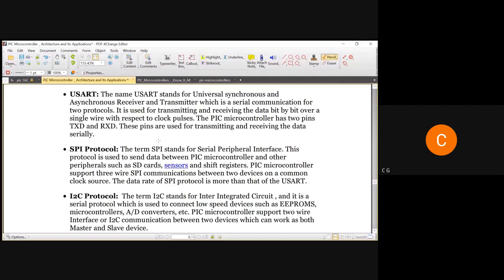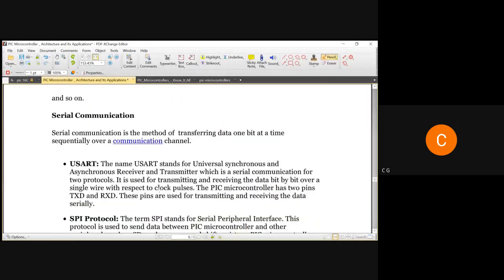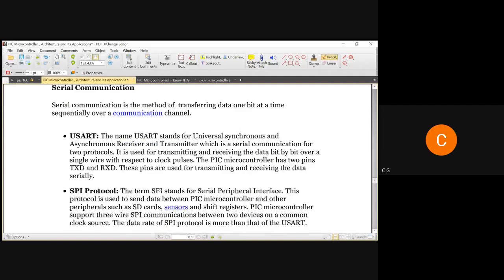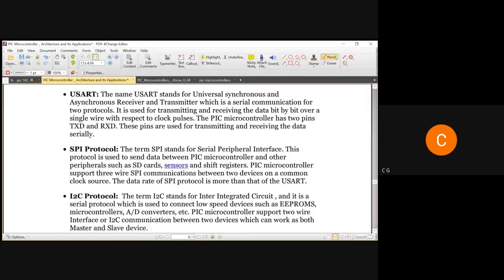At this moment, we need not know much detail about what exactly happens and how the communication takes place. It is just part of the communication. Within that communication, these are the different protocols, and each has its own book.